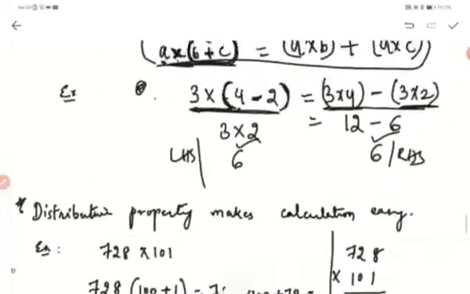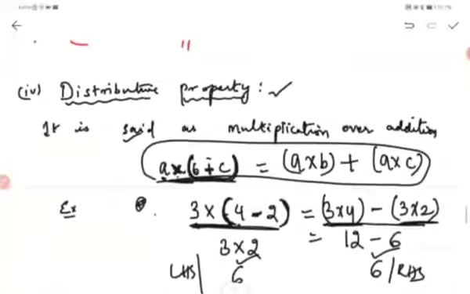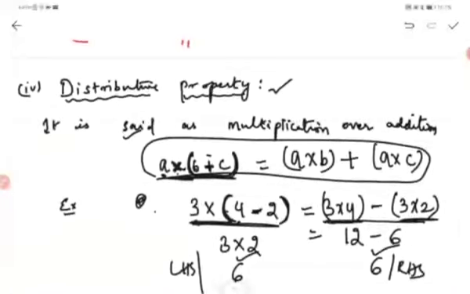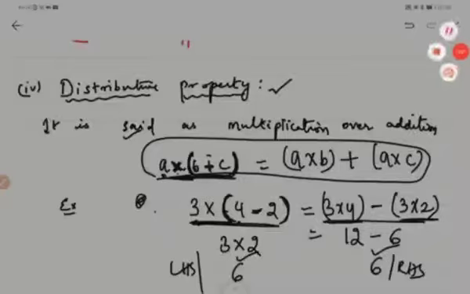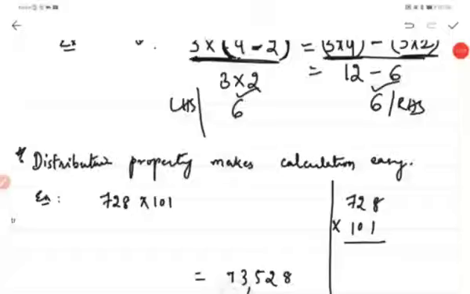So how exactly does the distributive property make your calculation easy? Let's see one example. We have 728 multiplied by 101. Normally you would go for multiplication like this: 728 multiplied by 101. 8 ones are 8, 2 ones are 2, 7 ones are 7.